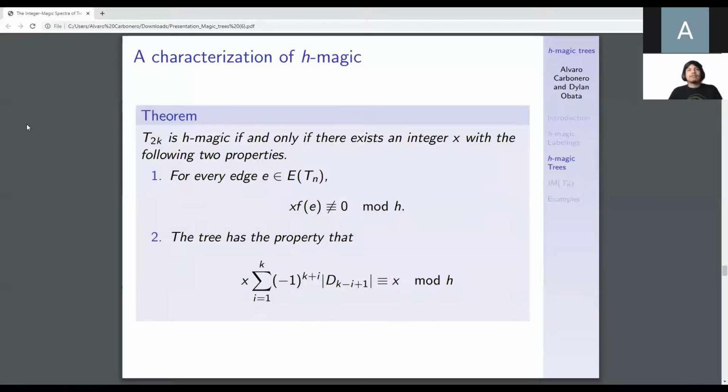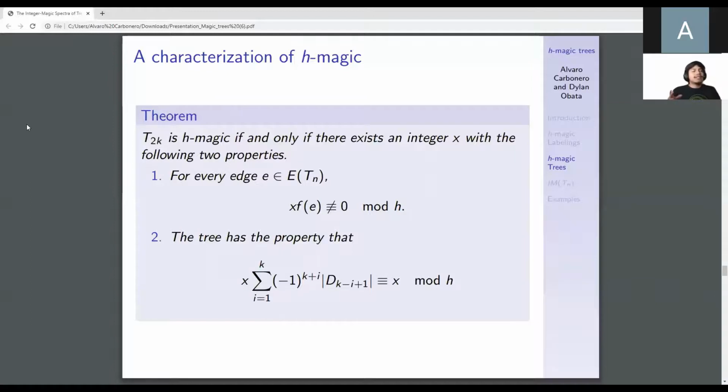These two problems turn out to be really fundamental to H-magic trees. In fact, they characterize them. So a tree is H-magic if and only if there exists an integer x that solves both problems. The first one being, point 1, that no edge gets assigned the 0 labeling, and second, that the center gets assigned the constant labeling.